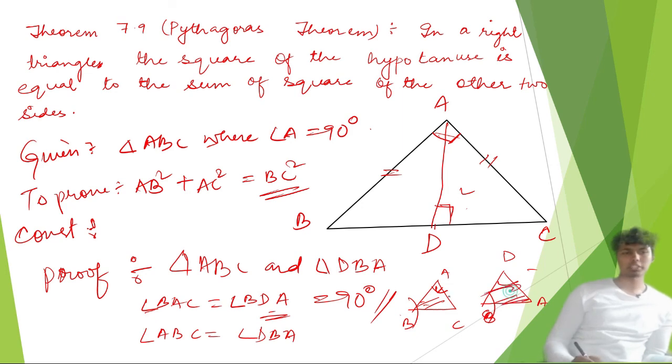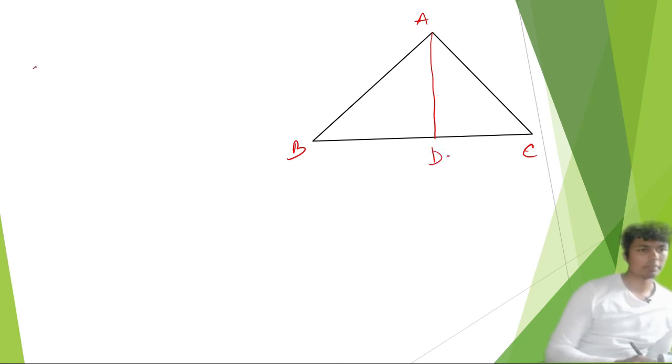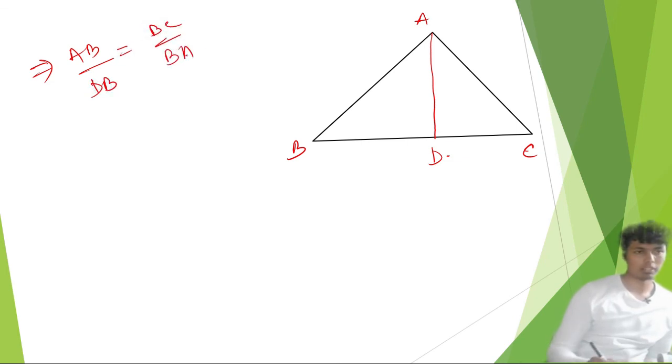If these two are similar, then what can we conclude? We can conclude that AB by DB is equal to BC by BA, from these two triangles.